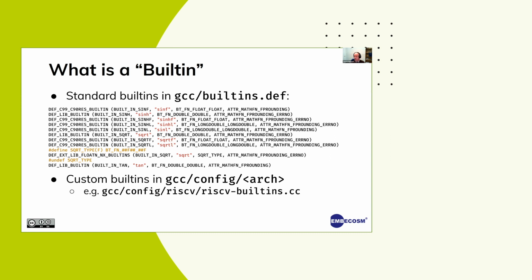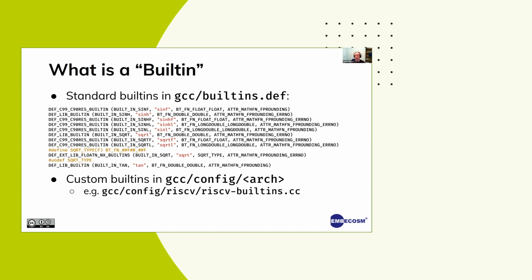The name is sqrtf, but it will be preceded by __builtin_. And it tells you what the type is, and it takes a float and returns a float. So it's a function float, and it's got some attributes associated with floating point error handling. And one thing about the built-ins is they are guaranteed to do IEEE error handling. So that's where standard built-ins are found.